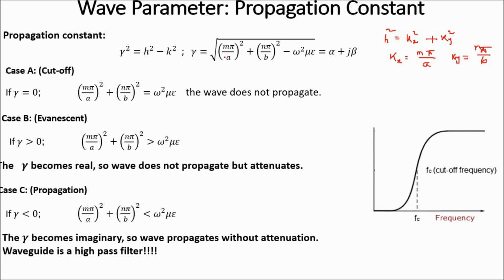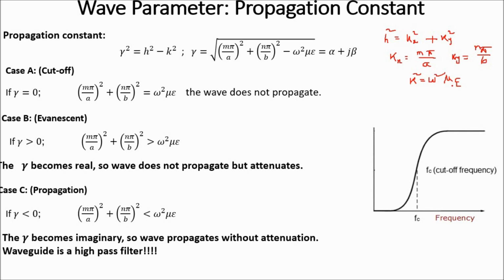Now if you substitute kx and ky in the equation and solve for the propagation constant, we will get the propagation constant as the square root of (m pi over a) squared plus (n pi over b) squared minus k square, where k is the wave number, and k square is equal to omega square times mu times epsilon.